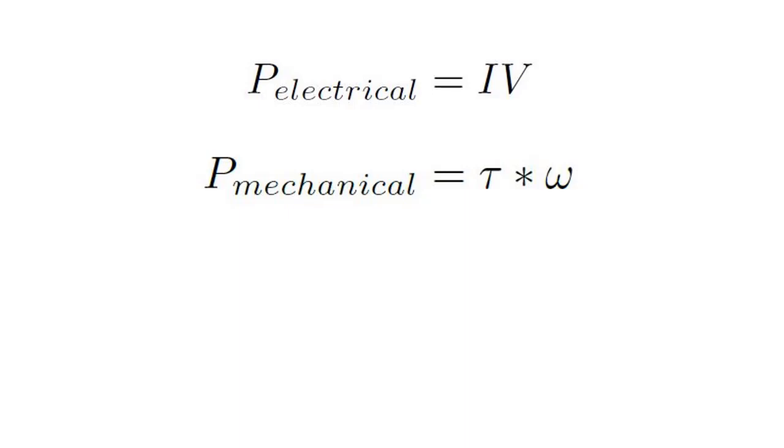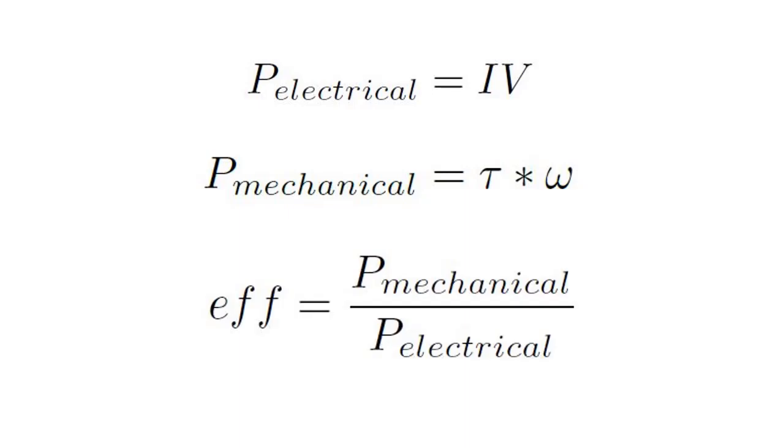Now, you might expect that electrical power and mechanical power will be the same, but that isn't really true because some energy is lost in the motor due to friction. The motor's efficiency can be calculated by dividing the mechanical power by the electrical power. The efficiency will always be less than 1 because the electrical power is the input and the mechanical power is the output. And the output will always be less than the input because some energy is lost inside the motor.